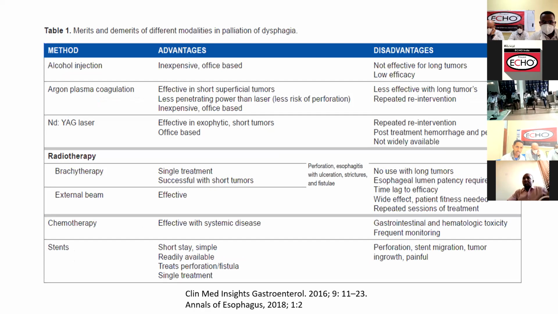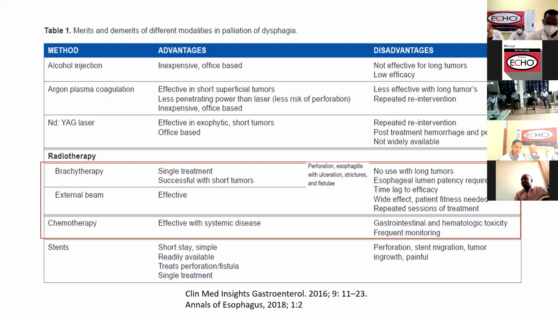As a summary of the advantages and disadvantages of the different treatment modalities, I'll focus only on the oncologic aspect. We said that brachytherapy is a single treatment. It is successful with short tumors, especially less than 10 centimeters. Otherwise, if the tumor length is more than 10 centimeters, it is contraindicated. As a disadvantage, it may cause perforation, esophagitis, ulceration, strictures, and fistula.